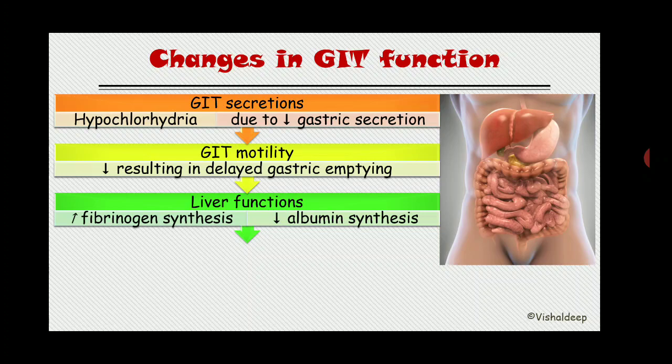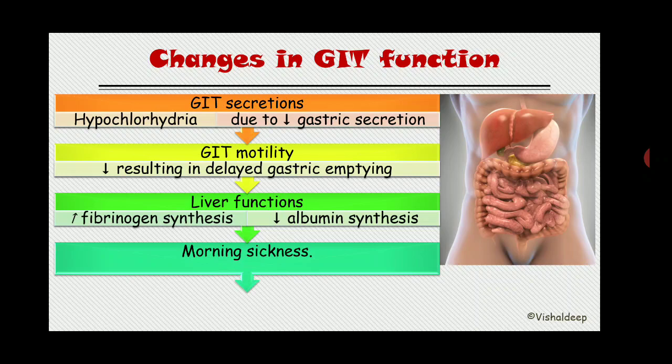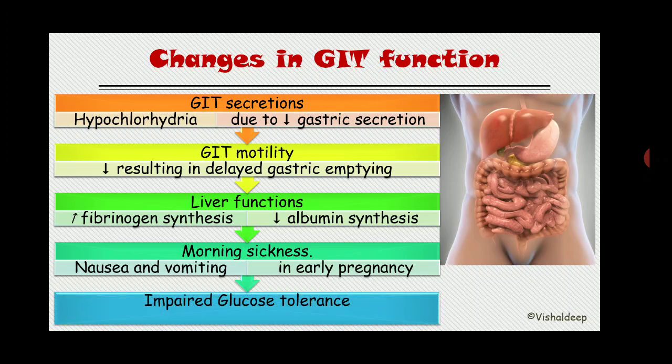It is nothing new. Now, morning sickness will be there. What is morning sickness? Basically, nausea and vomiting appear in the very early morning, and it happens in early pregnancy. It subsides once the female reaches the mid-term or the third trimester of pregnancy. Now, there is impaired glucose tolerance, basically due to the anti-insulinic effect of progesterone and estrogen.